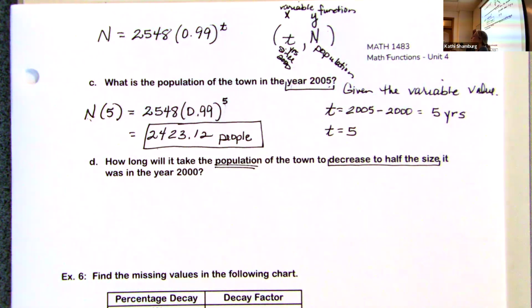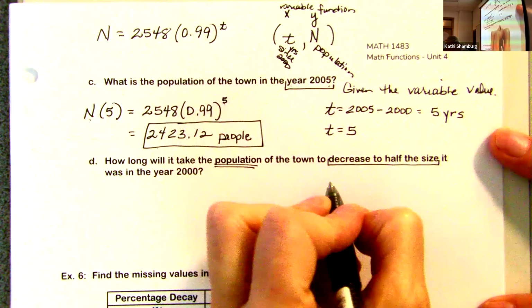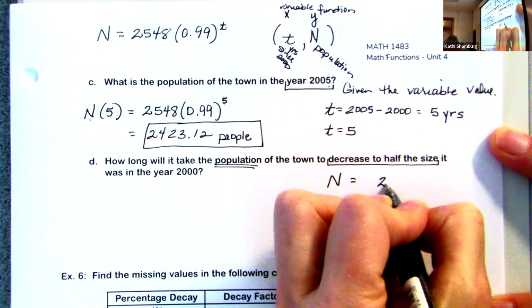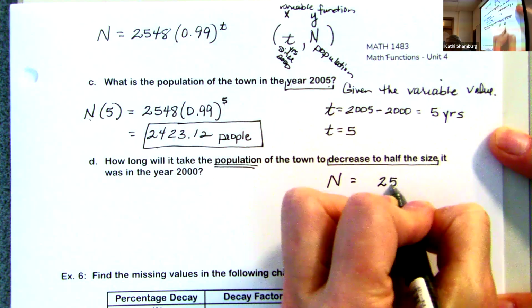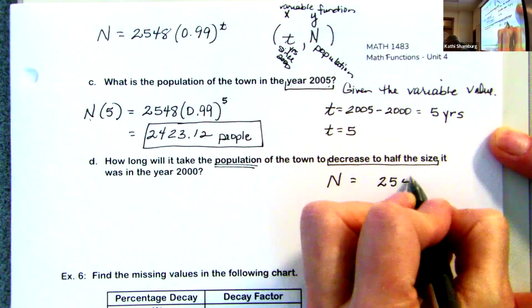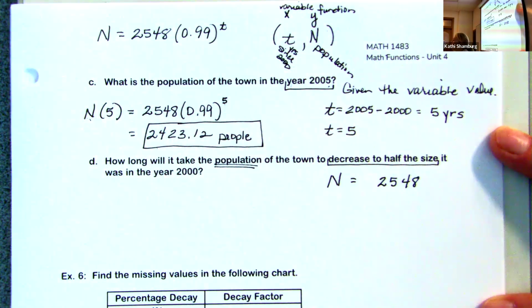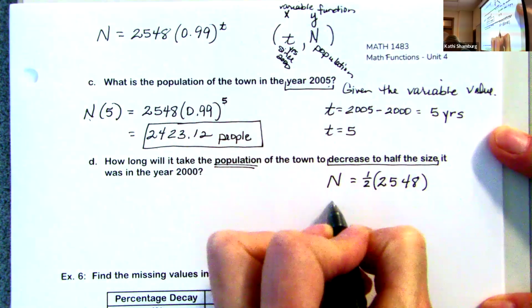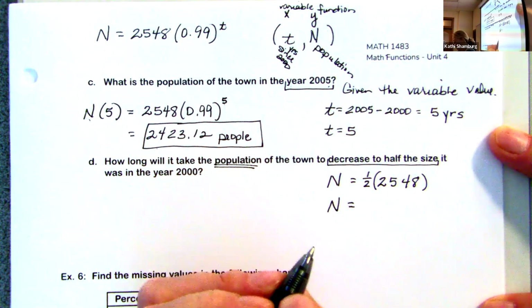They don't give us the number outright. But we know we are talking about the function variable, and initially that is 2,548 people. And we want how much of this? Half of this. So you can divide it by 2, or you can multiply it times 1/2. How many people do we have?